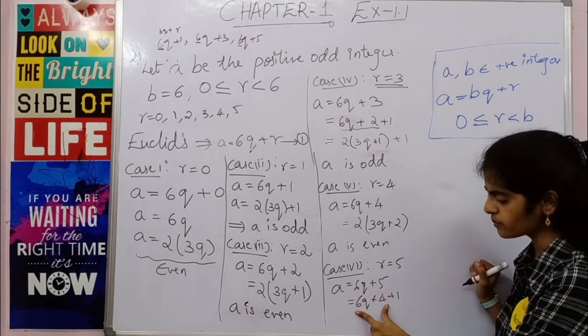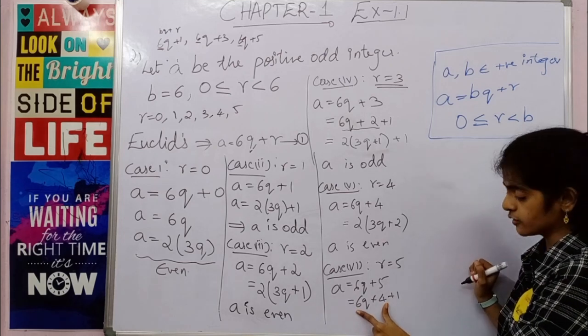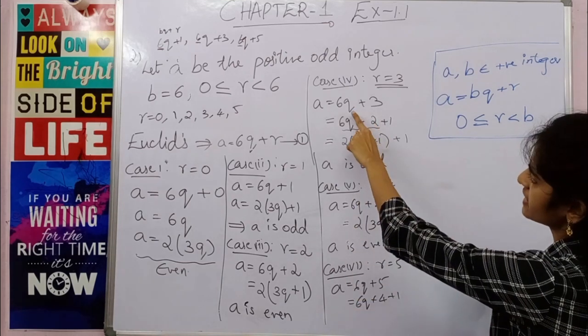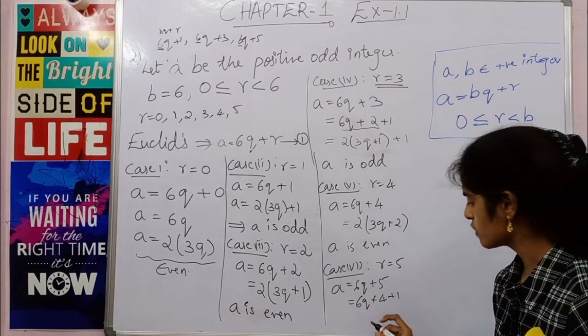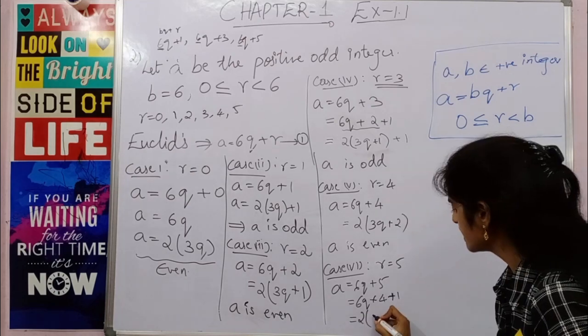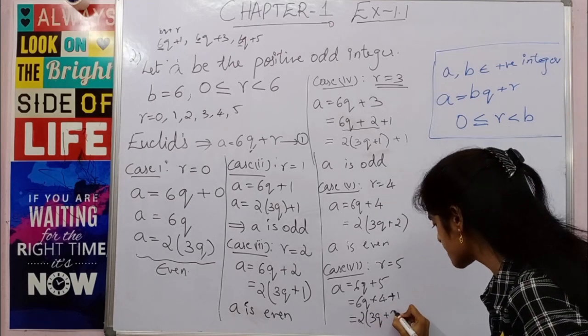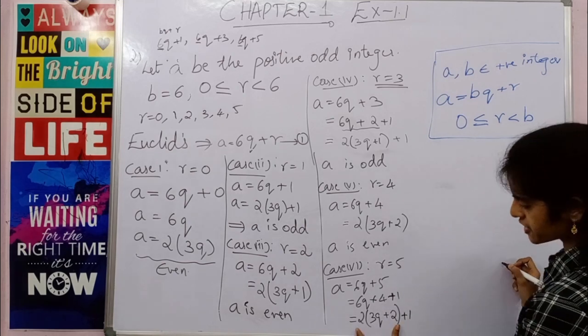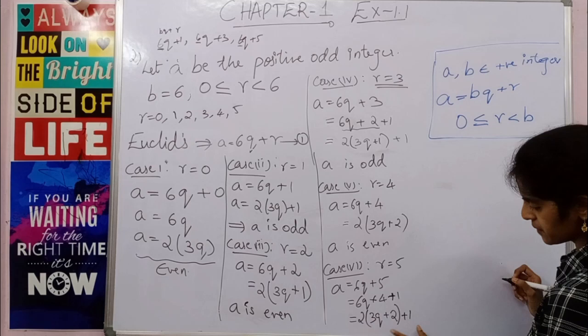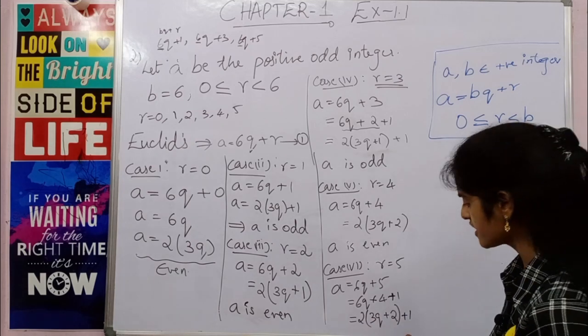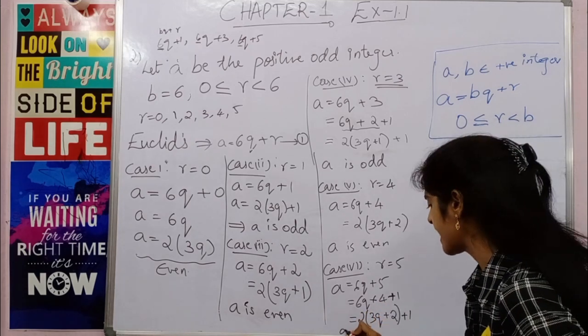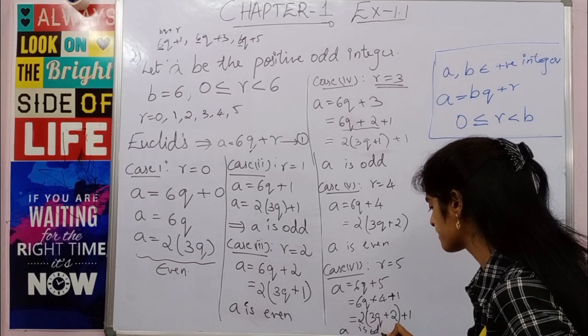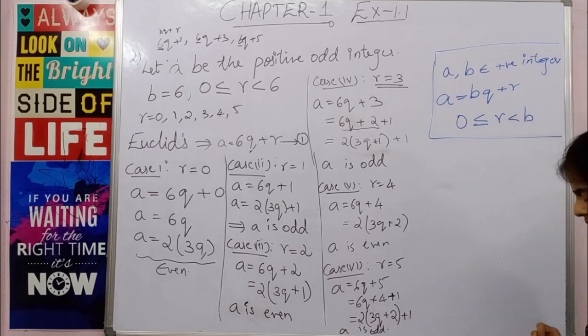If you write it as 4 plus 1, from these two I can take 2 common. So here also we have done the same thing. So now this will be 3q plus 2 and you have plus 1. Now 3q plus 2 you have seen it is even, so even plus 1 will give you odd. So in this case A is odd. Clear?